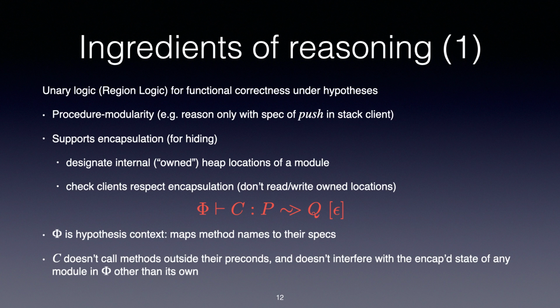C is the command that doesn't call methods outside their preconditions and doesn't interfere with the encapsulated state of any module in phi other than its own. All right, because you don't want to. So why is it the case it doesn't interfere with the encapsulated state? Because then it'll break invariants of other modules. Okay, but for its own module, it's completely okay, right?